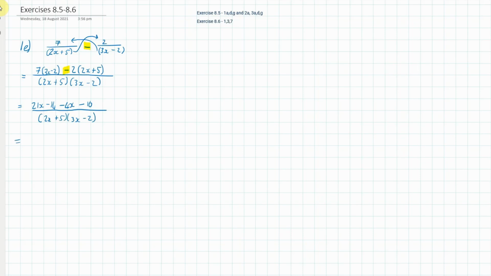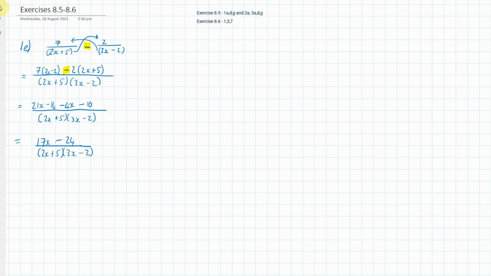And then the last step will be to simplify everything. So 21 subtract 4 should be 17x. And then minus 14 minus 10 should be minus 24. And we're going to pop that all over bracket 2x plus 5, close bracket, into 3x minus 2, and that will be us. So that will be our final simplification there.